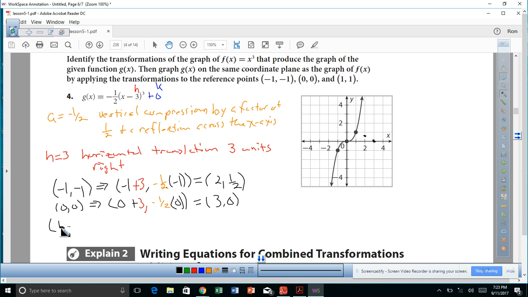And then we have 1, 1. And that's going to become 1 plus 3, and you're going to have -1/2 times 1. And that's going to equal 4, -1/2. So 4, -1/2. And that's going to look something like this right here.